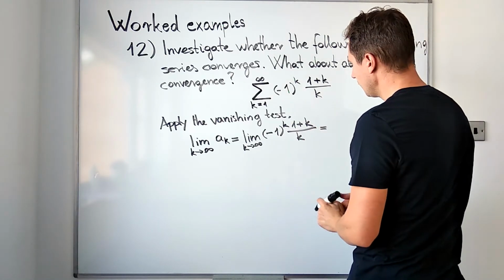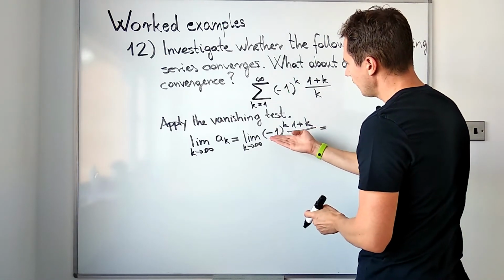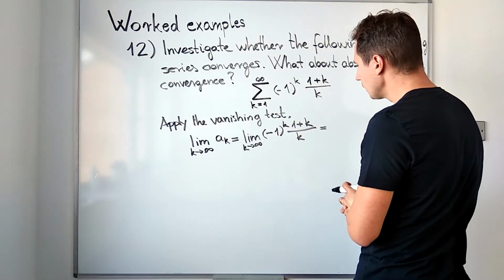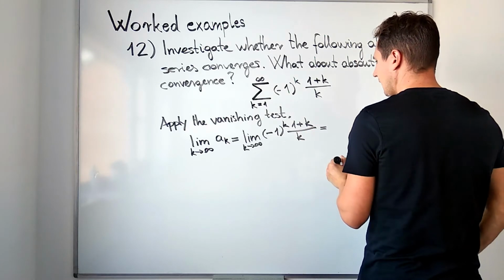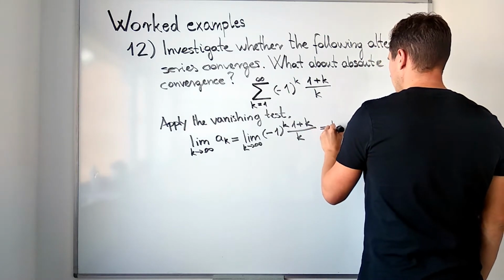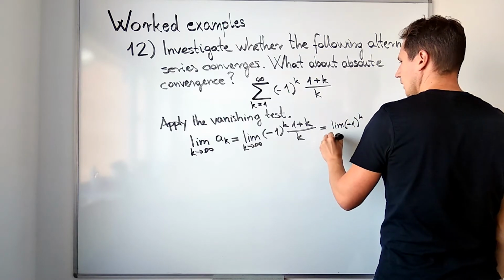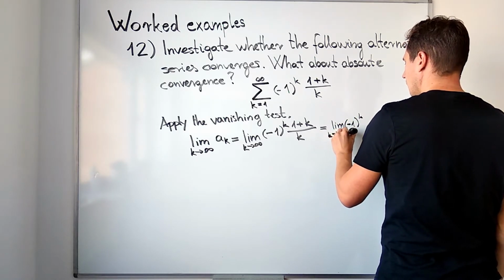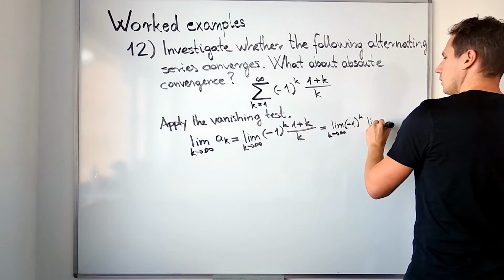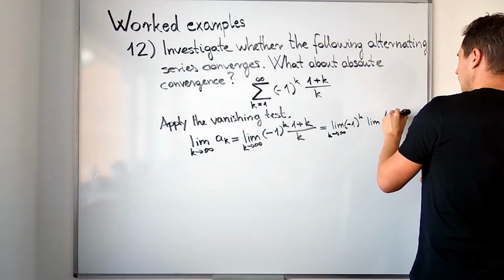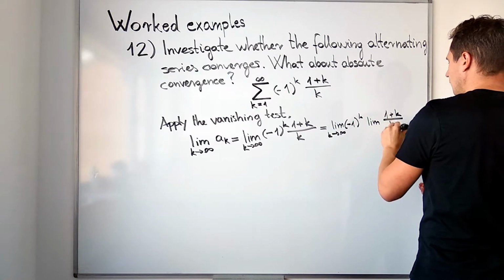Well, what we have here is just (-1) to the power k. If we apply the limit of a product, what we'll have here is the limit of (-1)^k times the limit of (1 + k)/k.